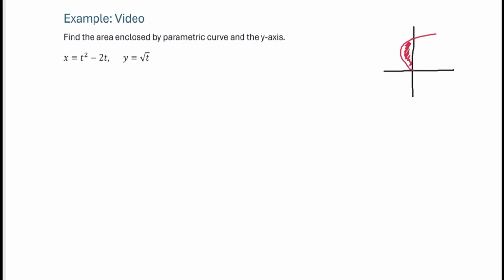The first thing we need to find is going to be those limits of integration. So we want to find those y values. This point and this point. To find those values, notice what value x is. Since we're on the y-axis, x has to be 0. So over here, let's let x be 0.